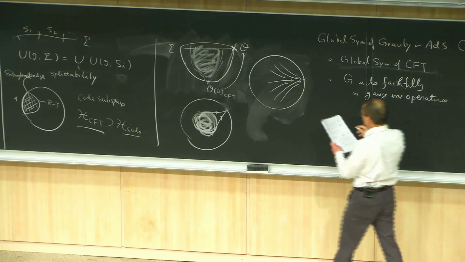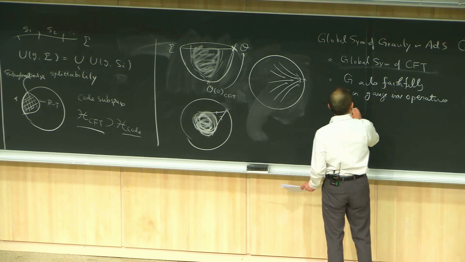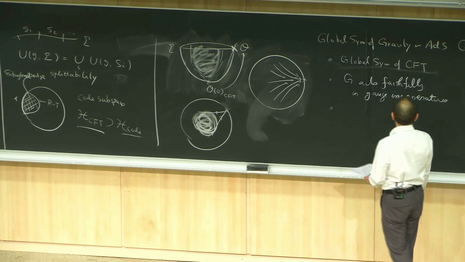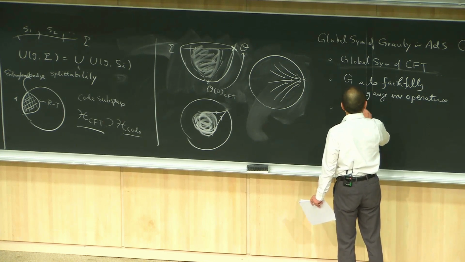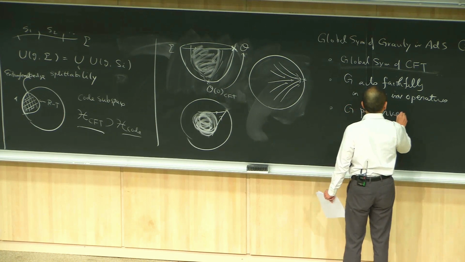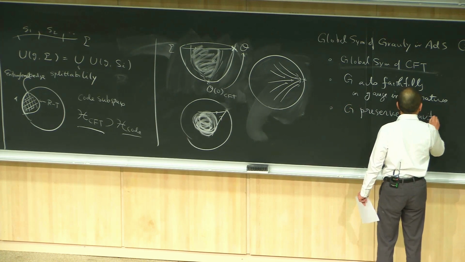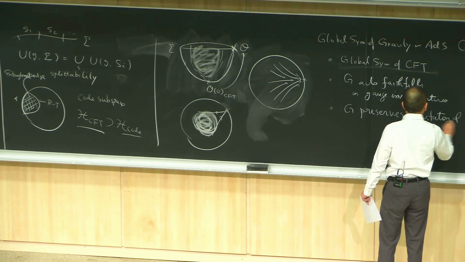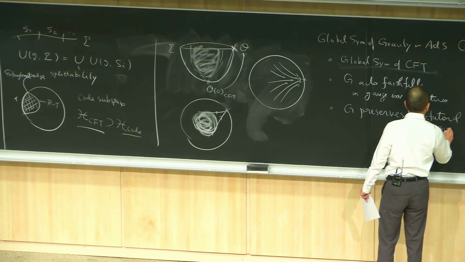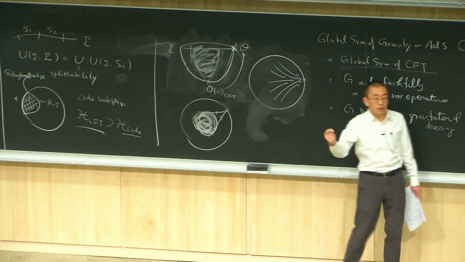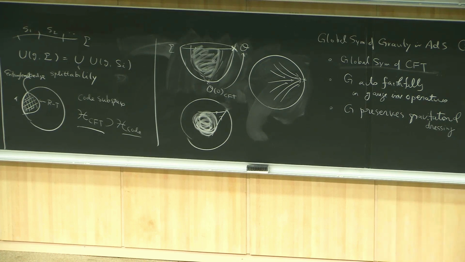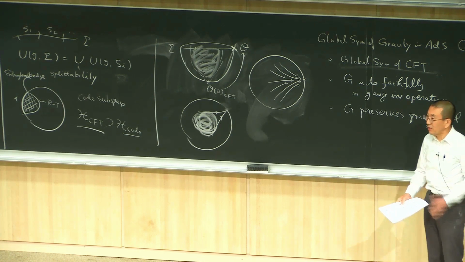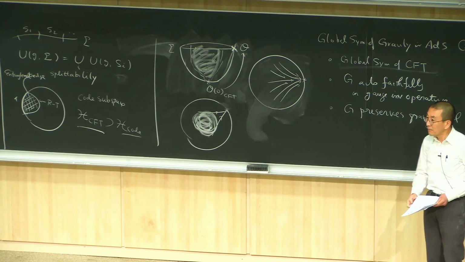And the other condition is that G should act on this gauge invariant state, but it should preserve gravitational dressing. So if you have a quasi-local excitation like that in the bulk, then you have to dress them by gravitational dressing, like we discussed yesterday.